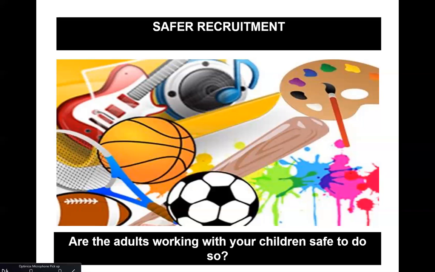It's around recruiters and heads of school being confident that the appointments will fit and support your school culture and will ensure that they adhere to the policies and procedures for keeping children safe in your schools.